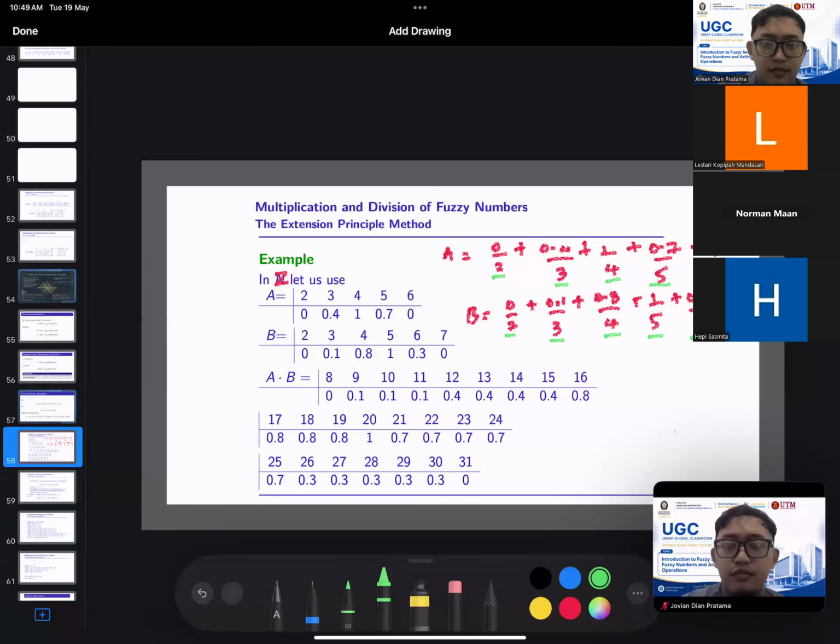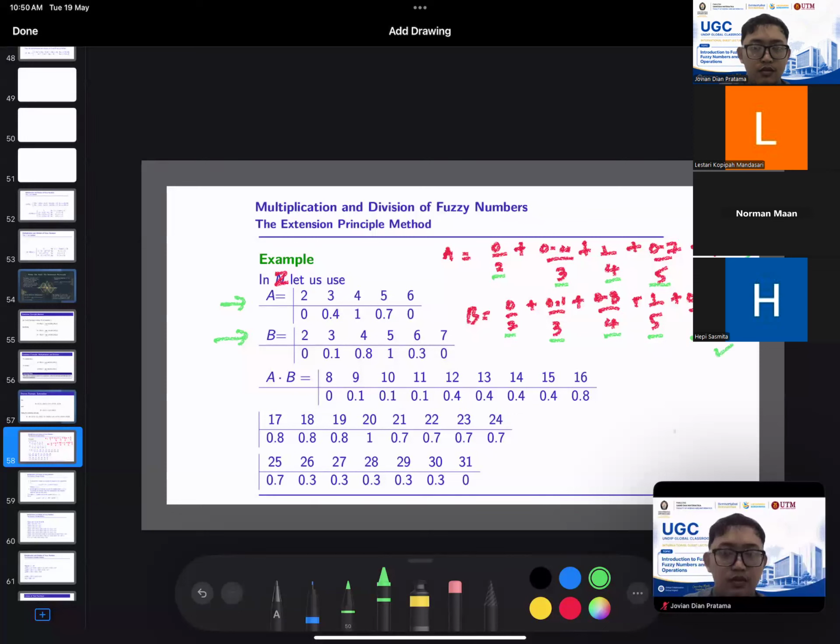So this is the correct way to represent your fuzzy numbers A and B, where this is a discrete one. But I put it in this table just for the sake of easy calculation, for calculation purposes. The correct way to represent your A and B is actually in this form. Okay.